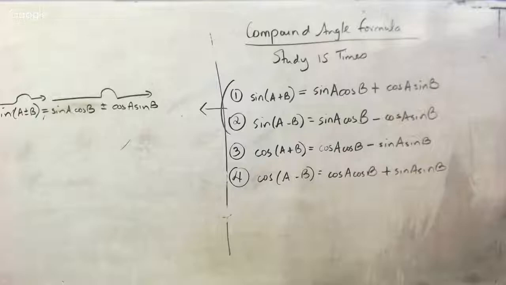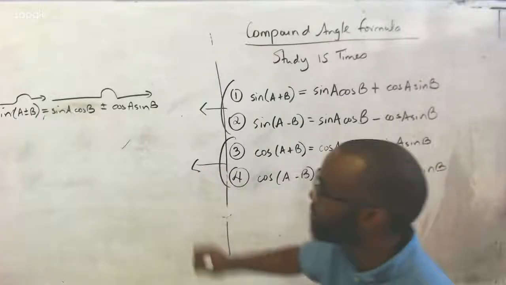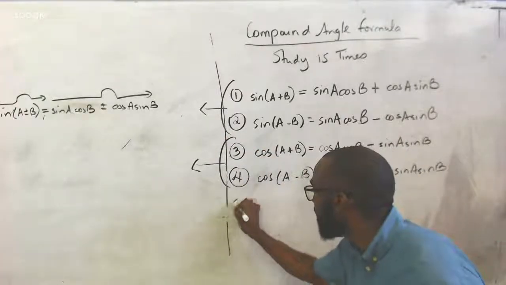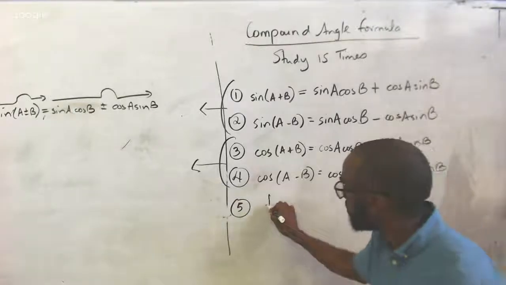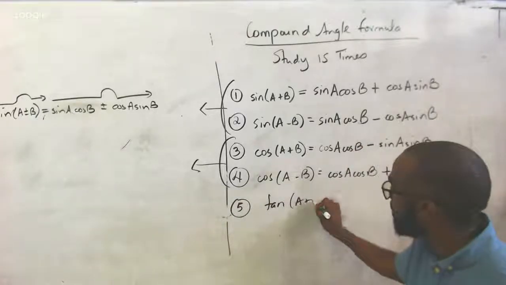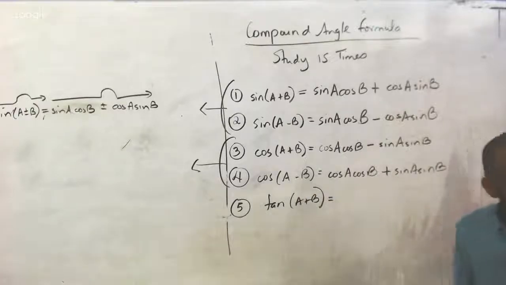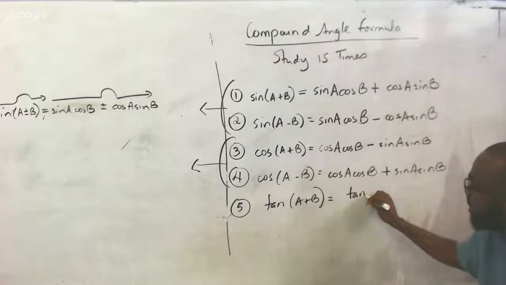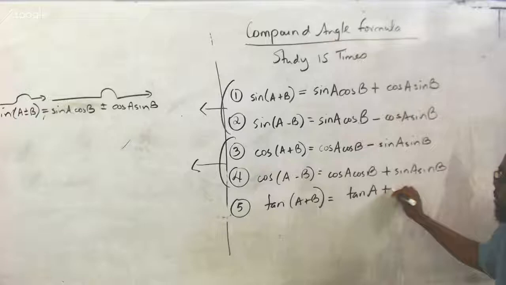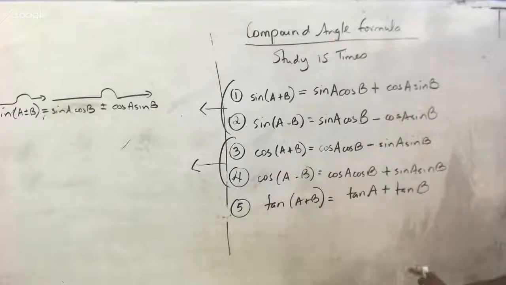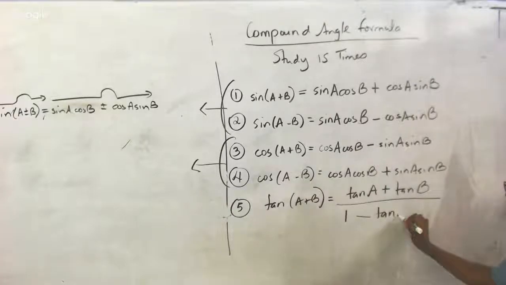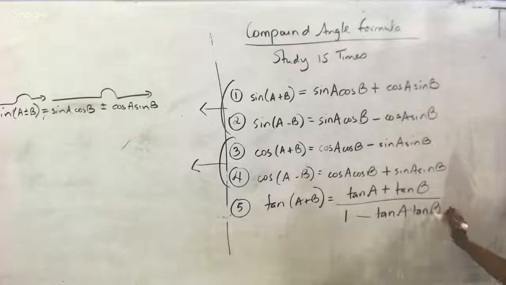Part of your homework is to write how these look on the formula sheet using that pattern. And then number 5, tangent. Tangent of A plus B, this one is a little ugly. Tangent of the first thing plus tangent of the second thing. Know that in the numerator it appears to keep the sign, and the sign will alternate thereafter. 1 minus tangent of A, tangent of B. Number 6.